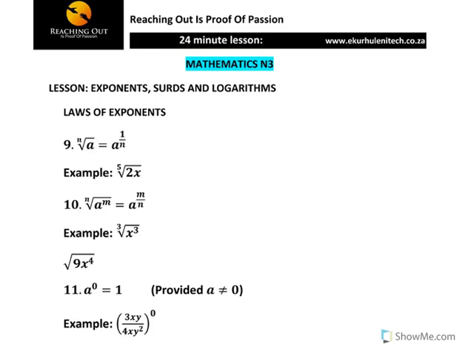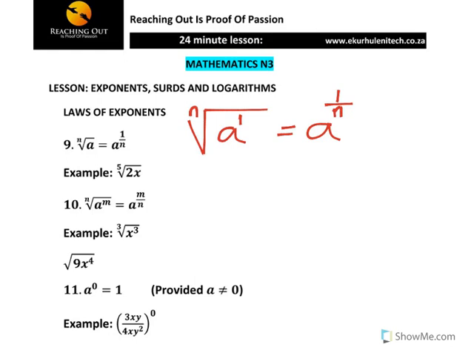The next law of exponents says, if you are given the nth root of a, what does it mean? It means this is equal to a to the power 1 over n. There is a power 1 that is hidden there. So because of that power 1, it's the same as a to the power 1 over n.